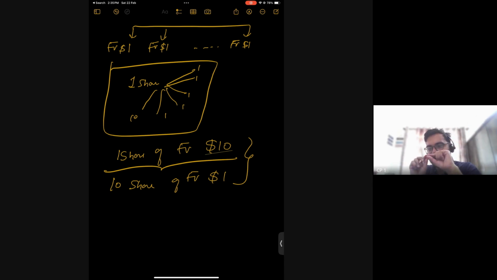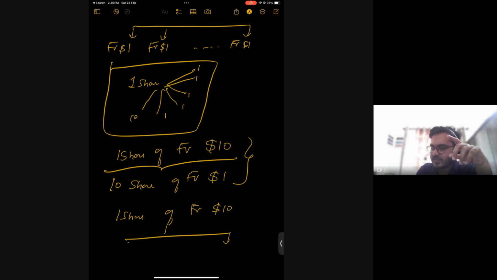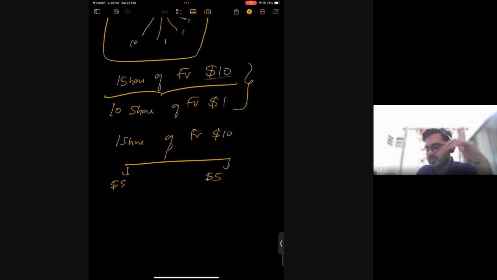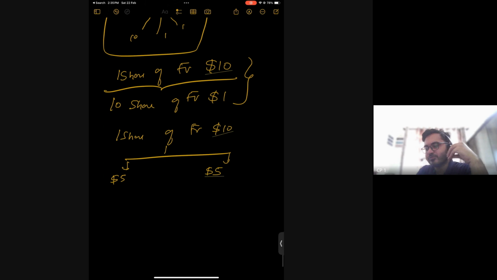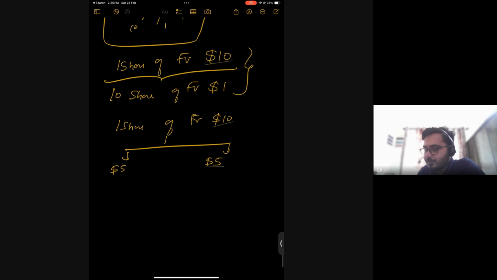However, in this case, the face value is split. It can also be that one share of face value 10 can be divided into 2 shares of face value 5 each. Both are acceptable ways. It can also be divided into 4 of 2.5 each. I mean, you can divide it in whatever number you desire. So this division is possible.